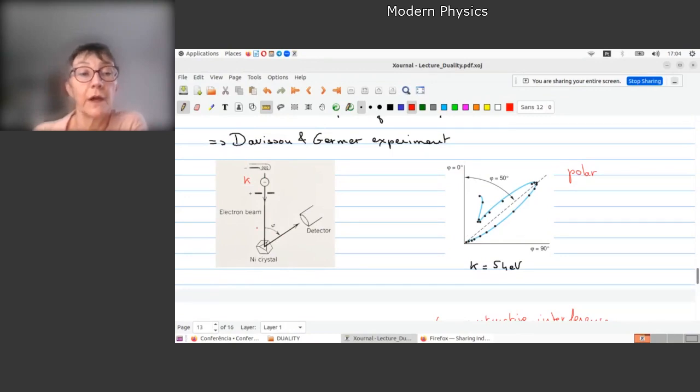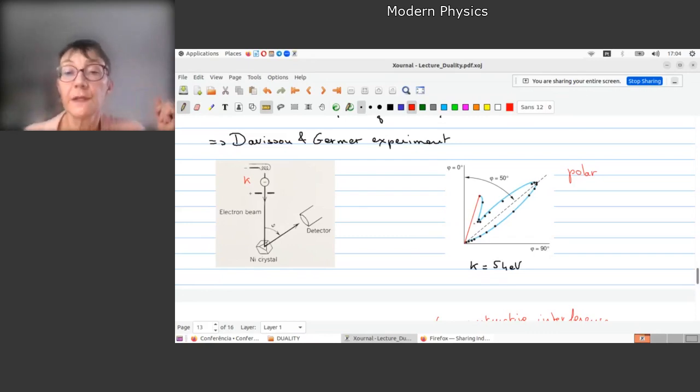And when you look at this angle, for example, I don't know exactly, but if this is 50, this is something like 20 degrees. So what is the intensity, the number of electrons detected as a current, probably?